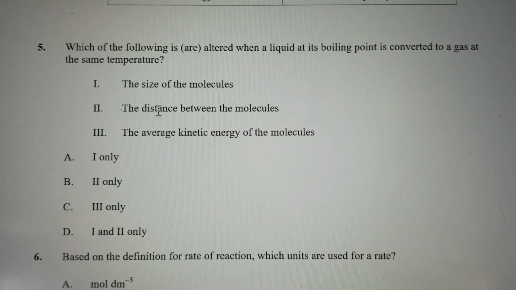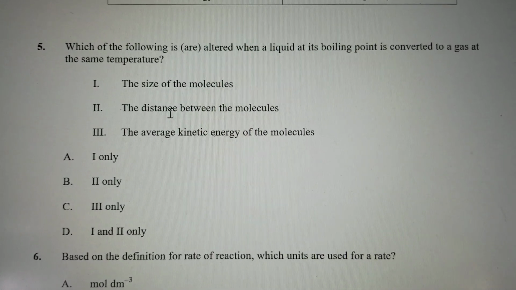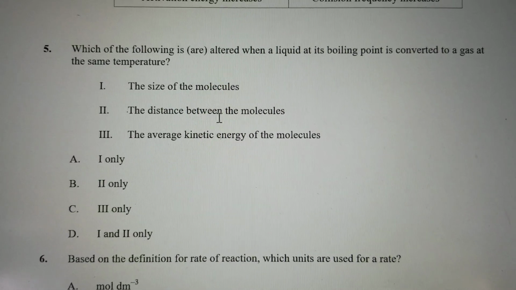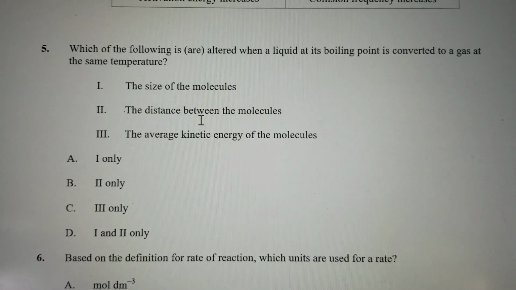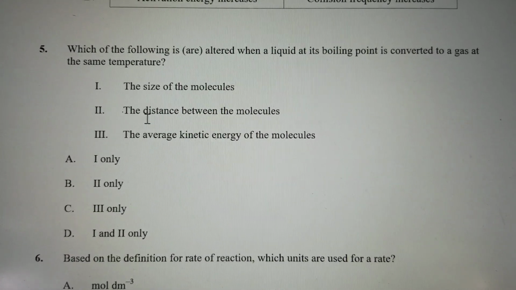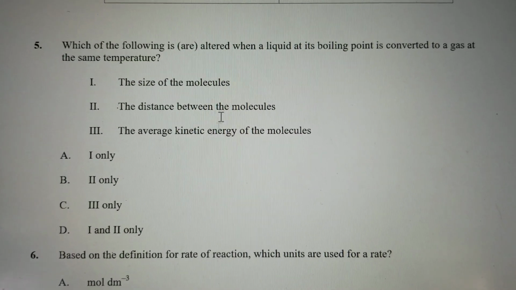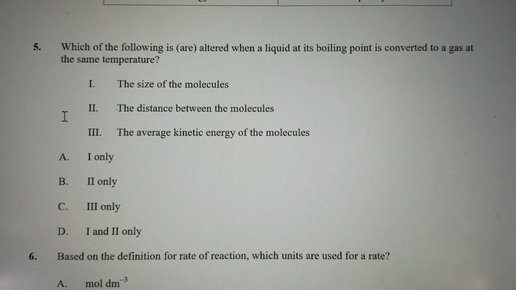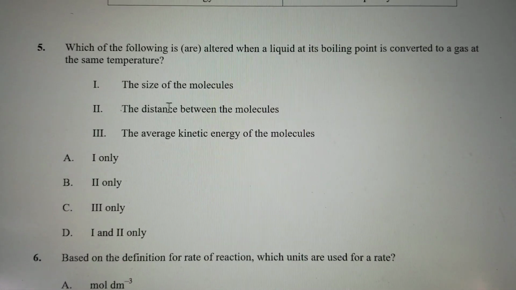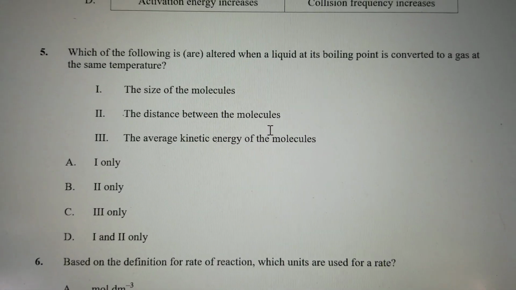And you know that because in a solid, they're very closely tight together. In a liquid, they're flowing a little bit more, but they're moving a little bit more away from each other. And in a gas, they're separated and bouncing off of each other. So definitely number 2, the distance between the molecules.